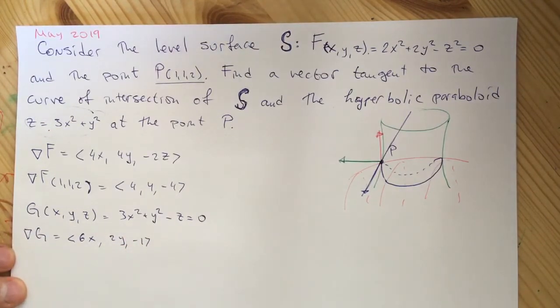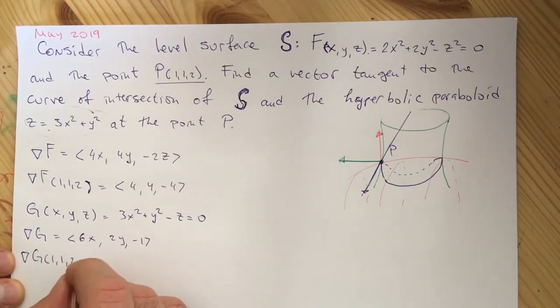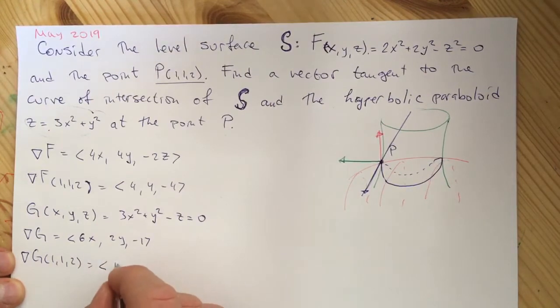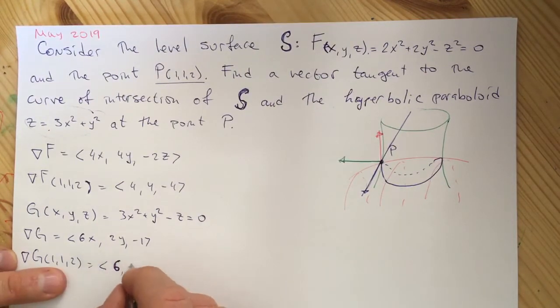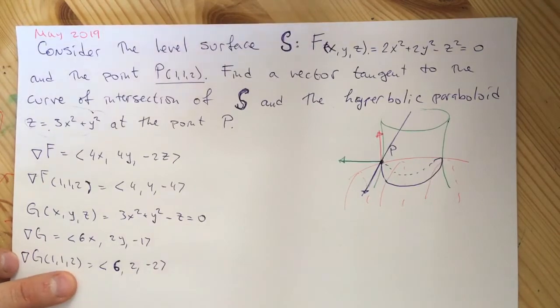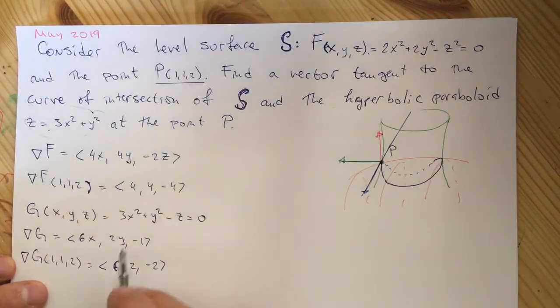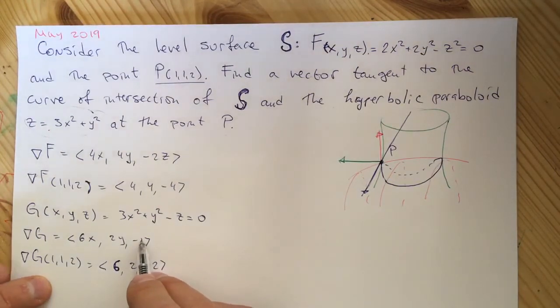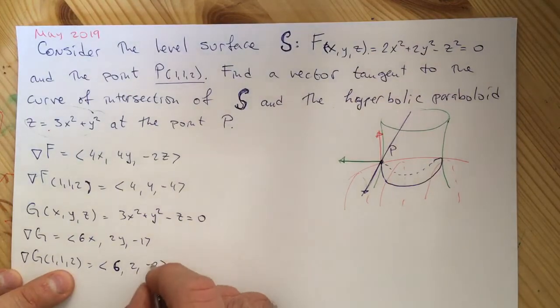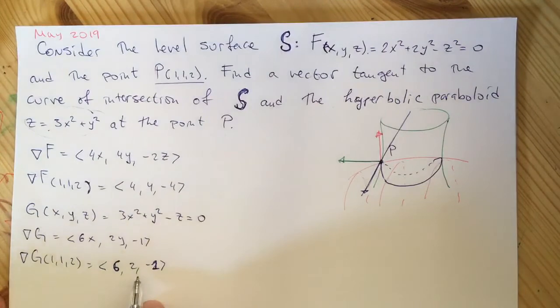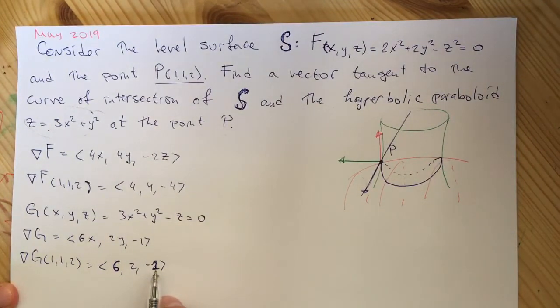As you can see, the last component is constant, so it will stay that way when I evaluate this vector at the point (1, 1, 2). It gives me 6, 2, and then negative 2. And there you go, I made a mistake. The last component is a constant. I just said that it will not change, so please be careful not to make the mistake that I did. So it's <6, 2, -1>.